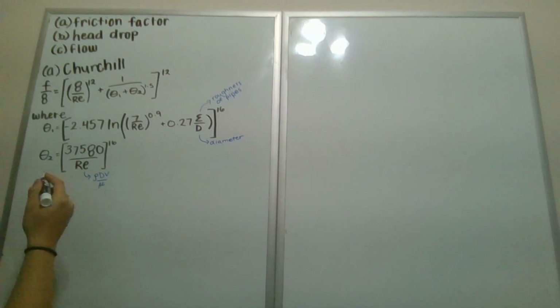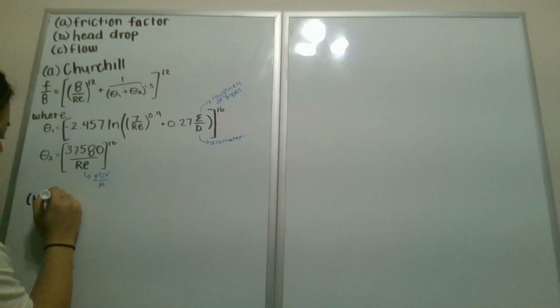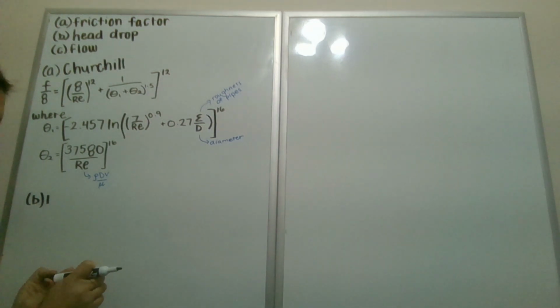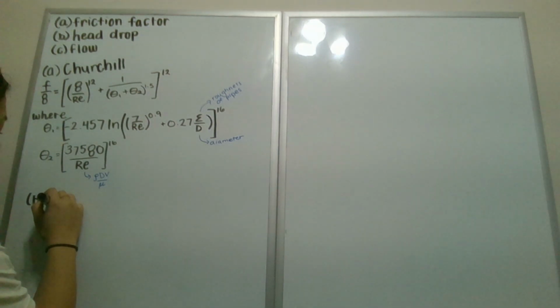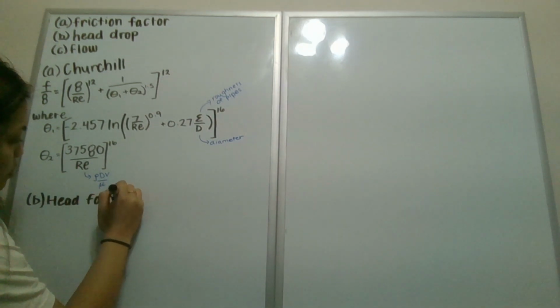For part B, we're going to use something called the head form, which is based off of Bernoulli's equation.